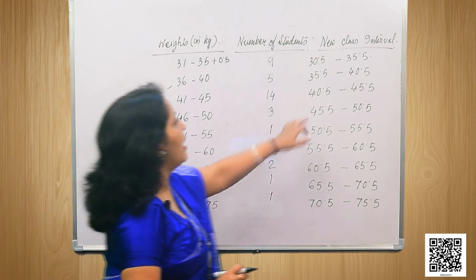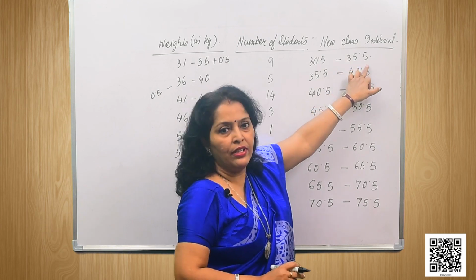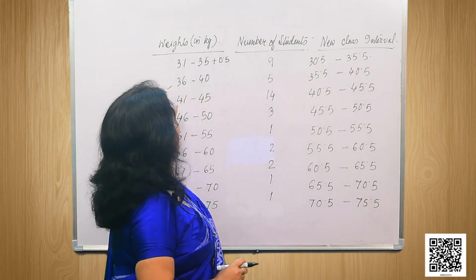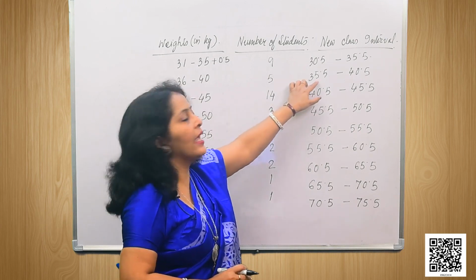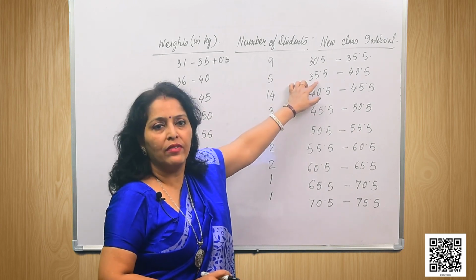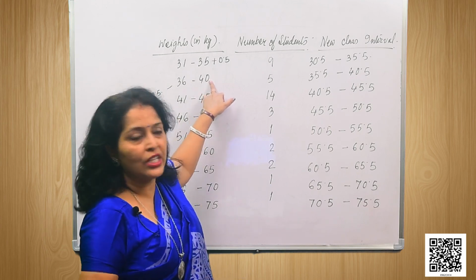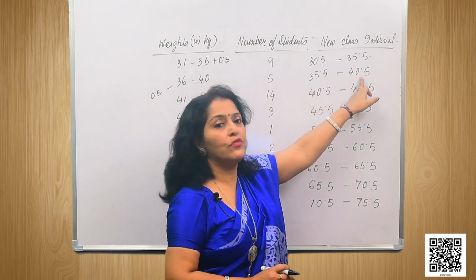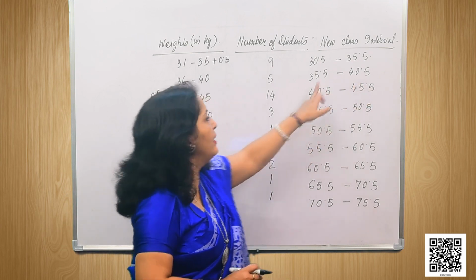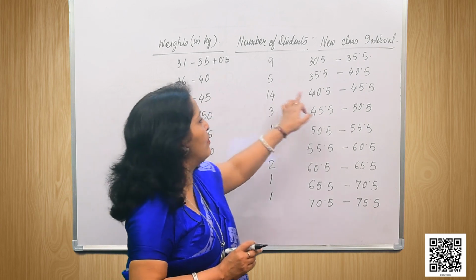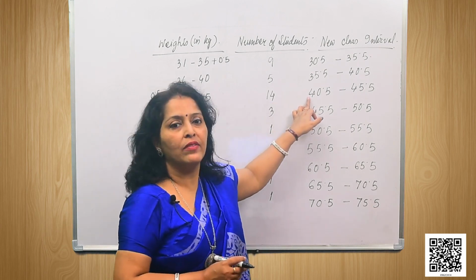As a result, I get 35.5 here as the upper limit, and on this side when I subtract 0.5 from 36, I get 35.5. Similarly, I add 0.5 to 40 and the upper limit becomes 40.5, and here 41 minus 0.5 is giving me 40.5.